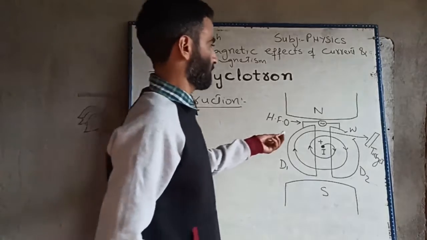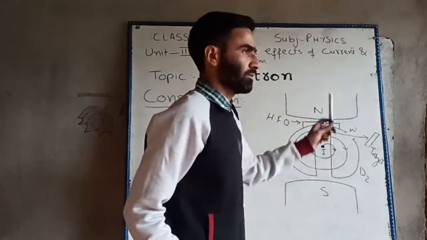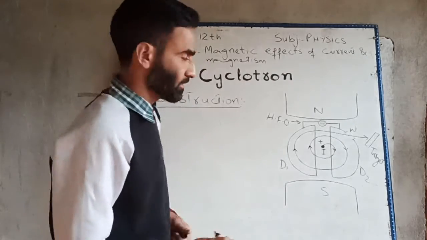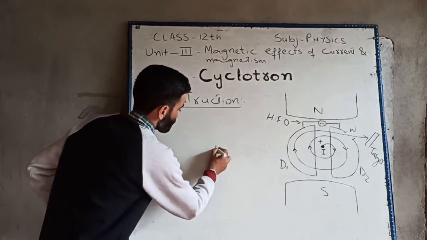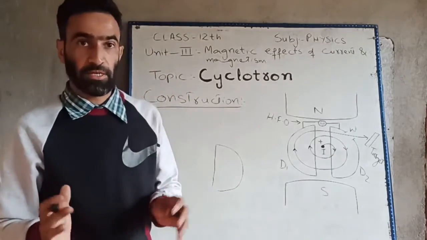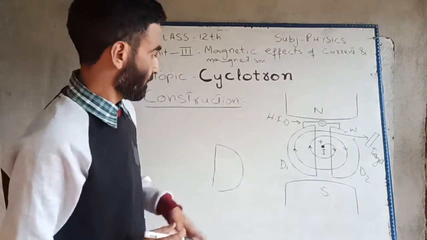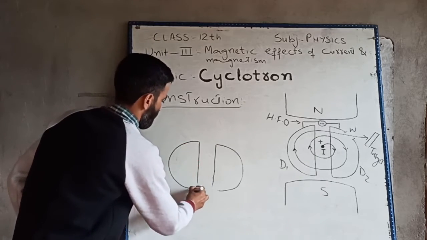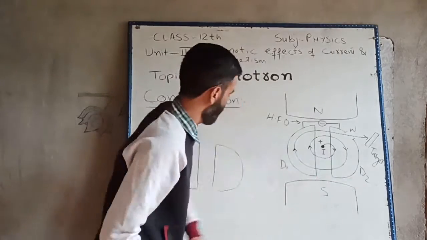See, here is the total structure of this cyclotron, but let me take it in parts. This cyclotron consists of two semi-cylindrical chambers called Ds.